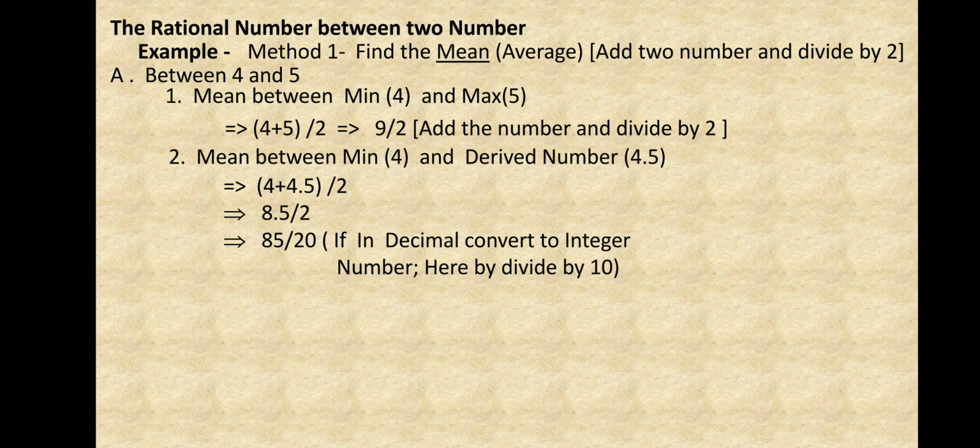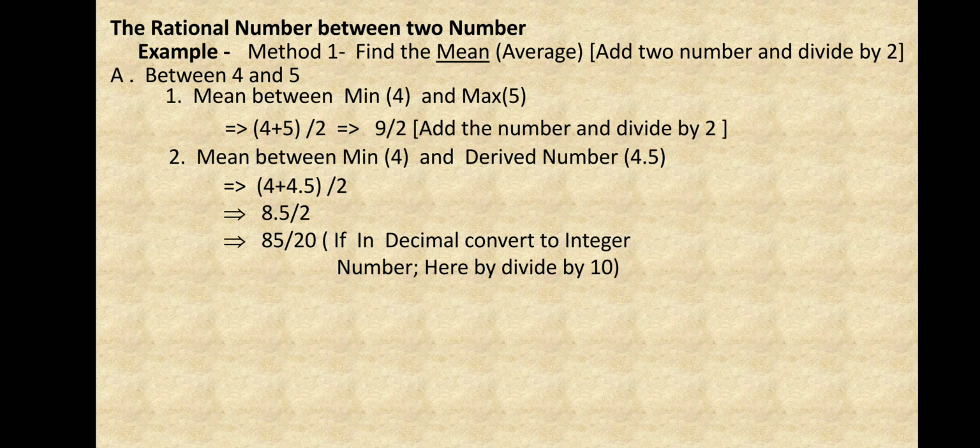Now the second question here is the mean between the minimum number, which is 4, and the derived number, which is 4.5. So how are you going to do it again? You have to add 4 plus 4.5 like how you did in the first question, and then divide it by 2. So what will you get when you add 4 plus 4.5? You will get 8.5, and this 8.5 will be divided by 2.